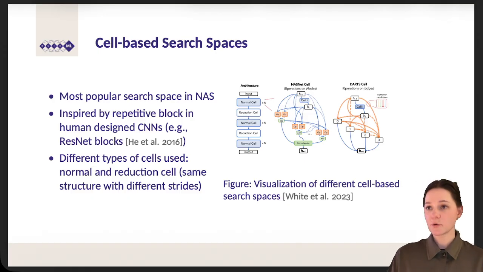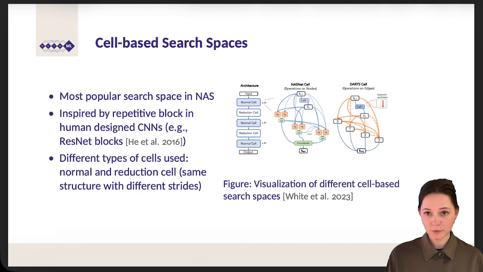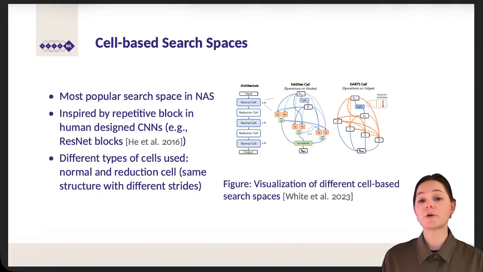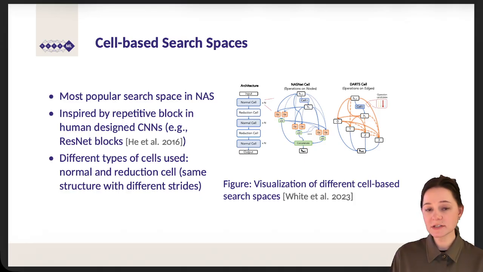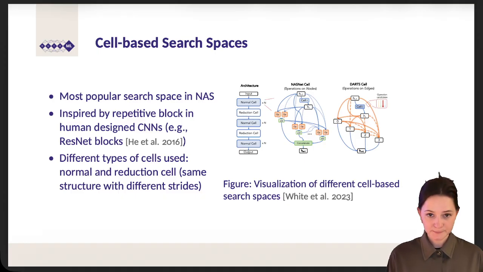So how deep can my cell be, how wide, what kind of operations do I want to use, but just on a very small size. And this one is stacked then n times, which is also predefined by the search space itself. So therefore we search over operations on a smaller scale instead of the overall architecture.